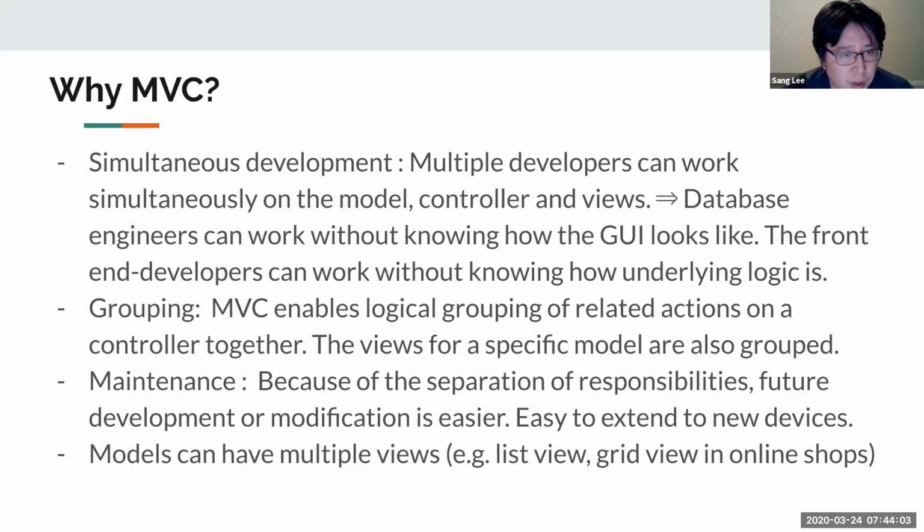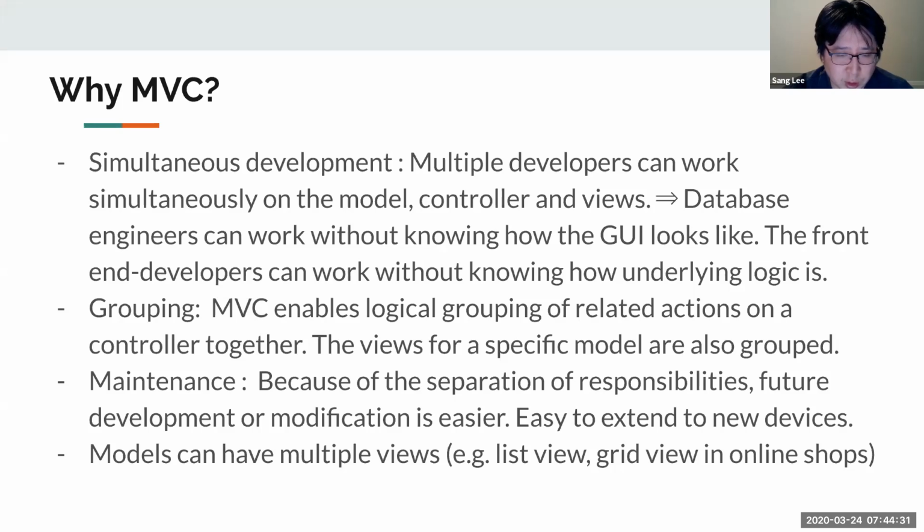The other benefit is grouping. MVC enables a logical grouping of related actions on a controller together, and views for a specific model are also grouped. That actually leads to the next benefit, which is good maintenance, because of the separation of responsibility. Feature development or modification is easier.